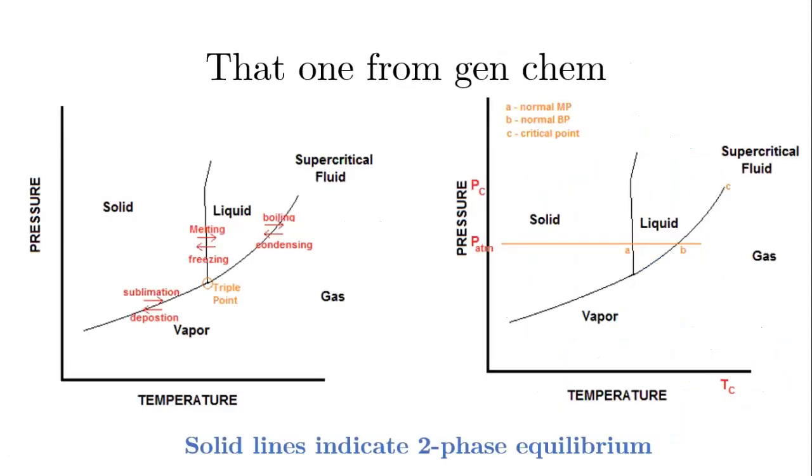So in Gen Chem, you remember, we talk about pressure versus temperature a lot because it's a very visual way of representing phases. It's not a very practical phase diagram from the point of view of analysis and mathematics, but it does give you information regarding when you have a solid, when you have a vapor, when you have a liquid.